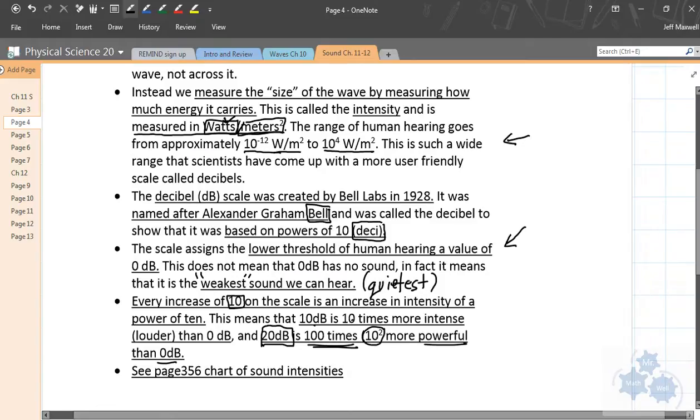This will take some time for you to understand and get used to, but every 10 dB jump in decibels is a power of 10 increase. So if you go up 10 dB, okay, it's 100 times more intense or more powerful.